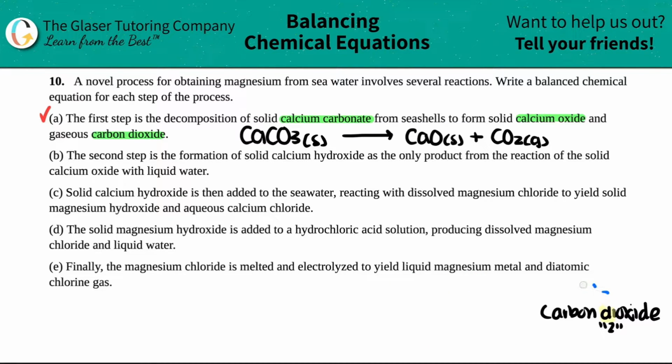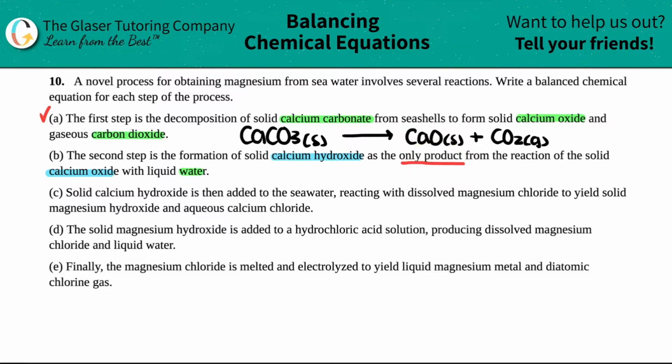All right, so B, it says the second step in this process is the formation of solid calcium hydroxide as the only product, remember products are on the right-hand side of the equation, from the reaction of solid calcium oxide with liquid water. Okay, so it looks like I'm reacting calcium oxide and water, and I'm forming calcium hydroxide.